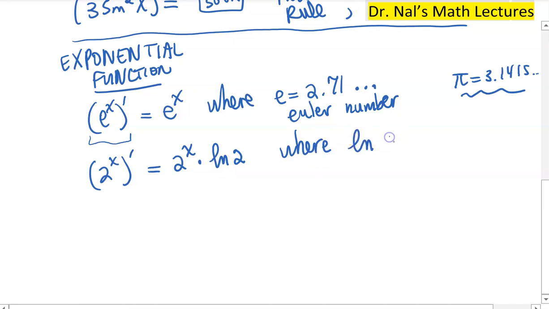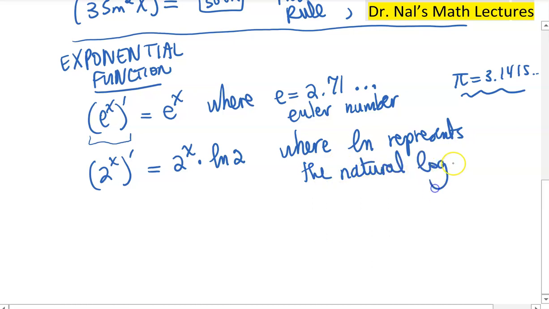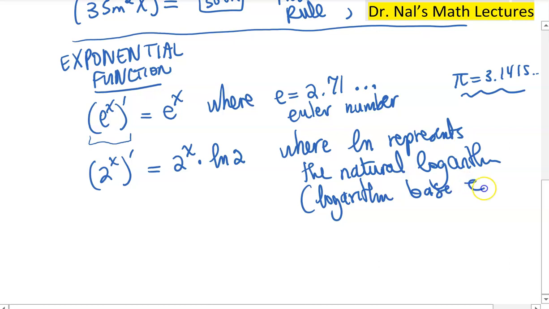What do we mean by natural logarithm? It means logarithm base e. Logarithms have a base, and in this case it's logarithm base e, and that's pretty much it. So this is how you can differentiate exponential functions as well.